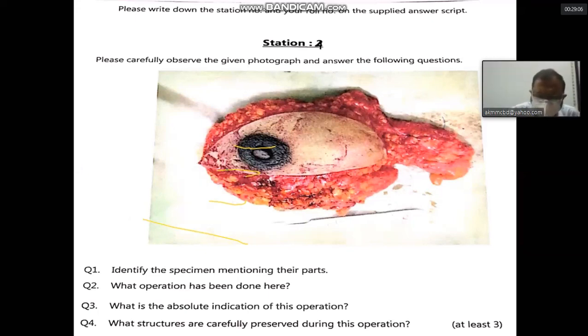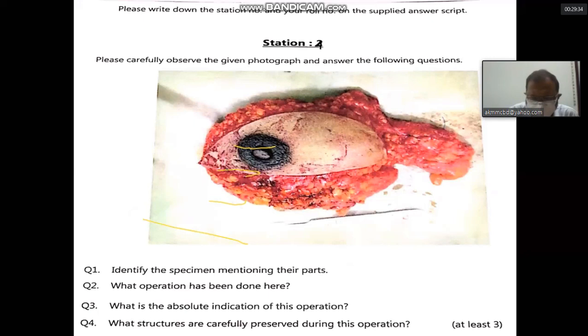What structures are carefully preserved during this operation? Intercostal nerve. Okay. Which structures are most essential to preserve? Nerve to latissimus dorsi. Okay, very good.